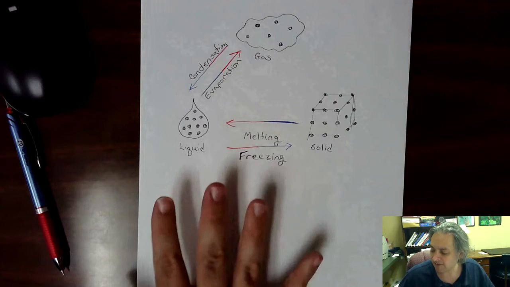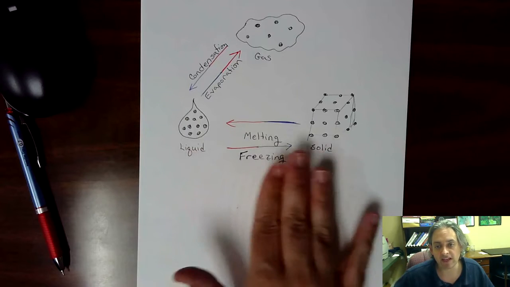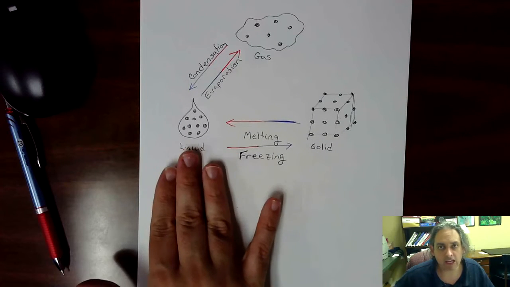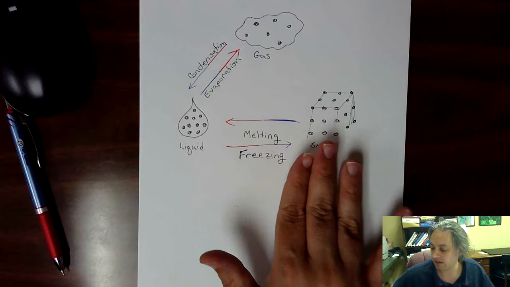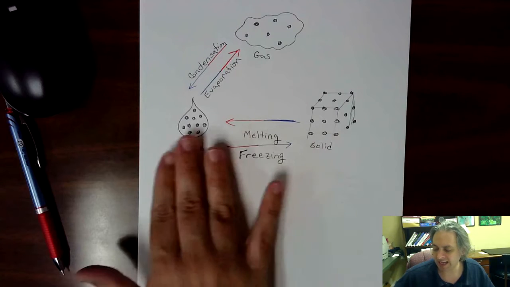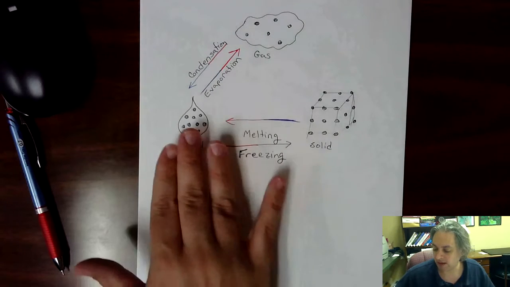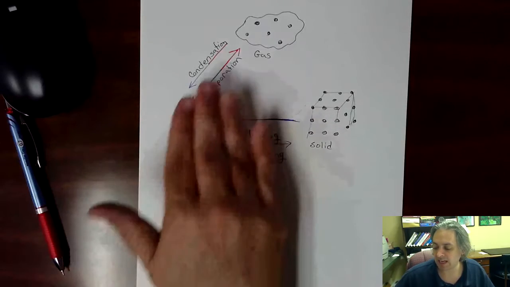The big difference is this. Let's say we go from the liquid phase to the solid phase. The liquid phase has more energy than the solid phase. The solid phase has less energy than the liquid phase. We're getting more energy going to the liquid. And then going from the liquid phase to the gas phase, we're also getting more energy.